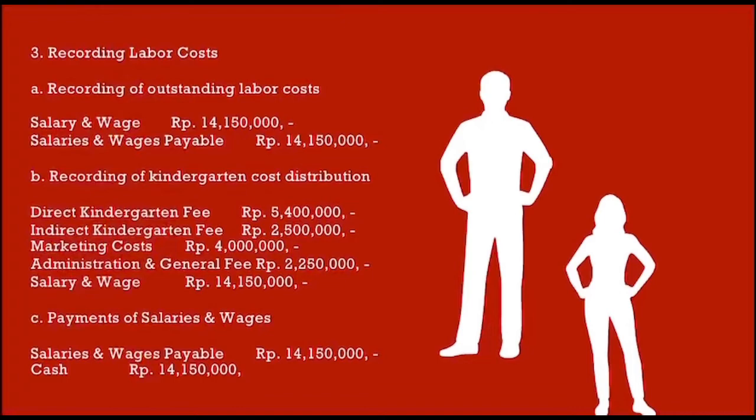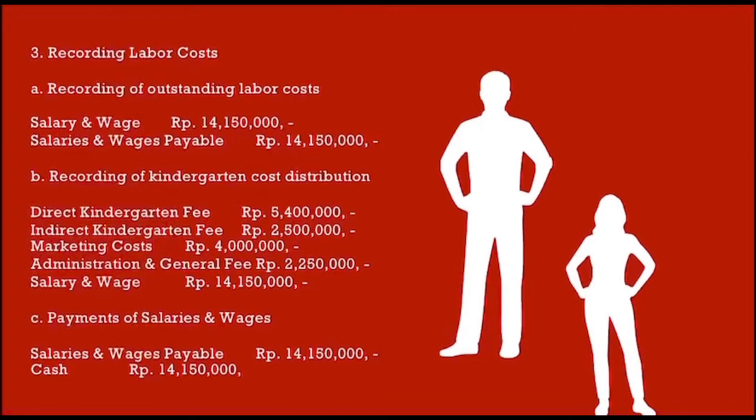Direct labor cost with 1,400,000 rupiah, and indirect labor cost with 2,500,000 rupiah, and marketing costs with 4 million, and administration and general costs with 2,250,000 rupiah, and it's included with salary and wage, so the cost is the same with 14,150,000 rupiah.